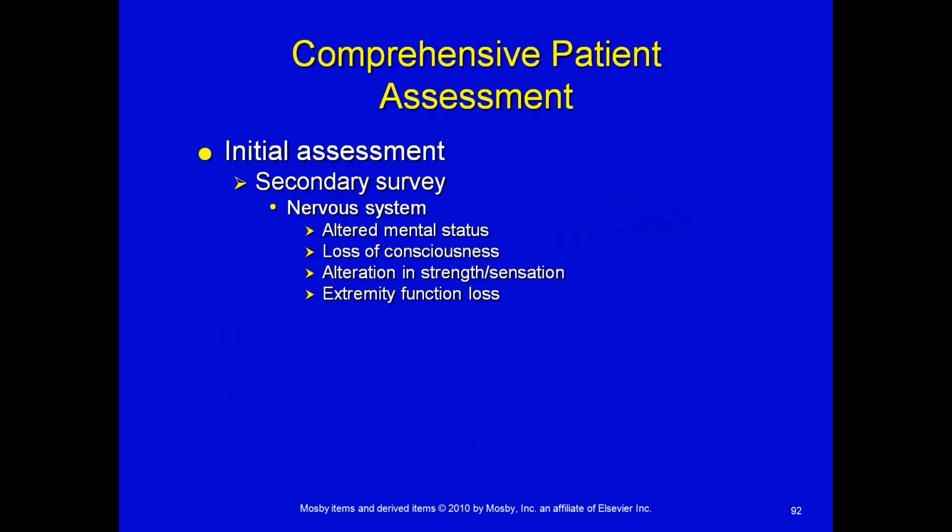In assessing the nervous system, you're looking to see if they have an altered mental status. Of all the organs, your brain is usually the first organ to show dysfunction, and as a result, your level of consciousness becomes altered. And we use the altered mental status as a dividing line for things like respiratory distress and respiratory failure.